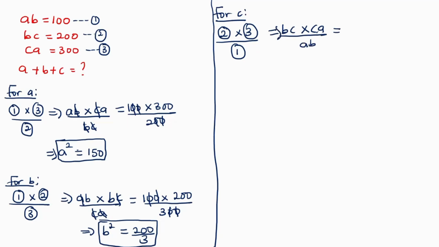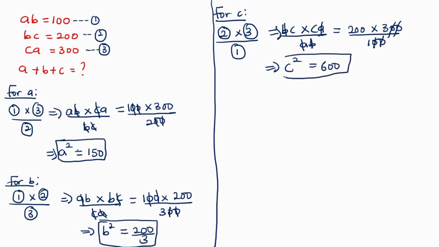This is equal to BC, which is 200, multiplied by CA, which is 300, over AB, which is 100. So A cancels out A and B cancels out B. We have C times C, which is C squared, equal to this cancels out this, and we have 200 times 3, which gives us 600. We have this to be the value for C squared.